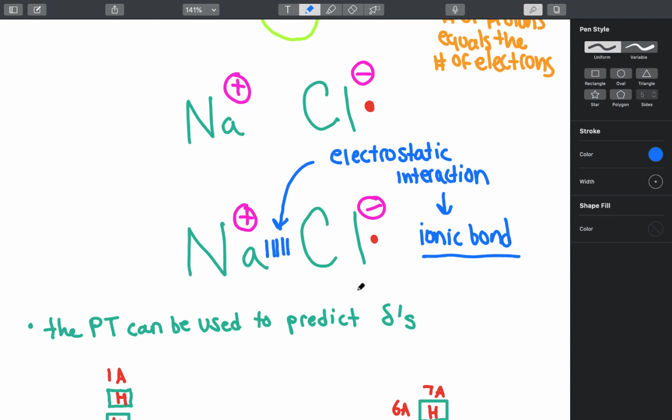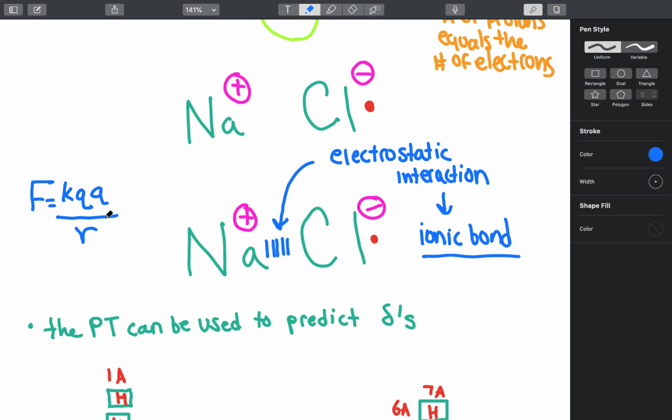So in physics, there's actually a formula that you can use to find out what the force is between these two species here. So the force exerted on the sodium and the force exerted on the chlorine by the sodium. So the force, or the strength of an ionic bond, can be described by Coulomb's law.